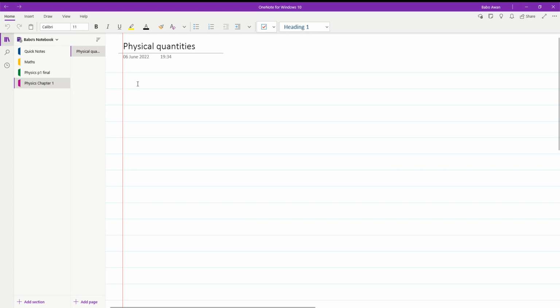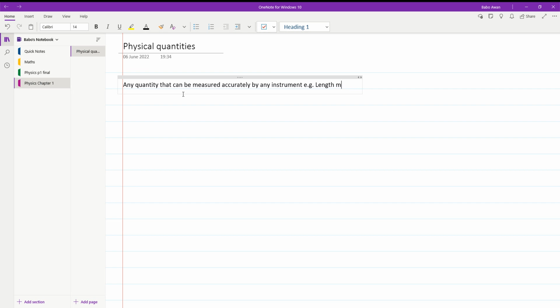So what are physical quantities? Physical quantities are those quantities which can be accurately measured by any instrument, for example, length, mass, time, volume, etc. Physical quantity is any quantity that can be measured accurately by any instrument, for example, length, mass, time, volume, and much more.